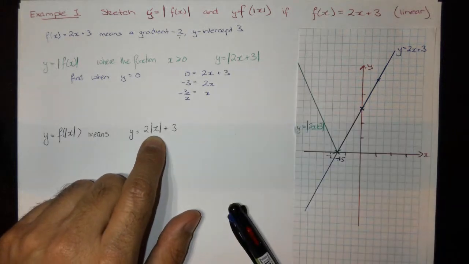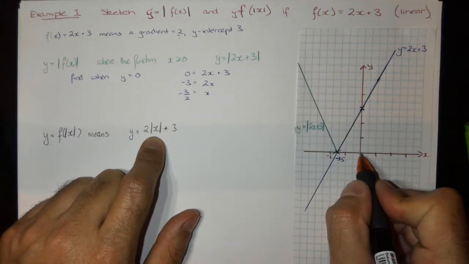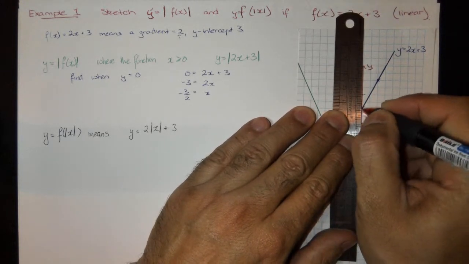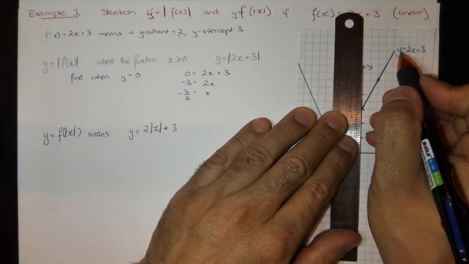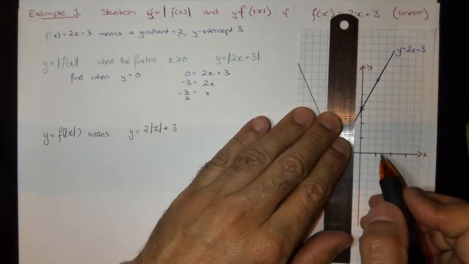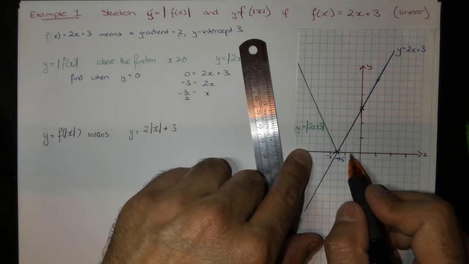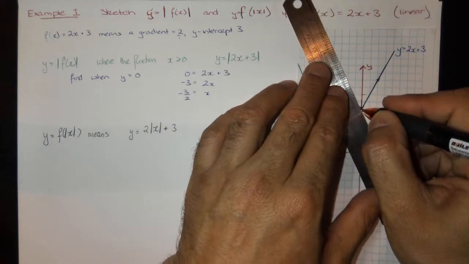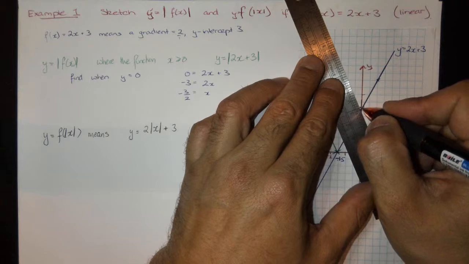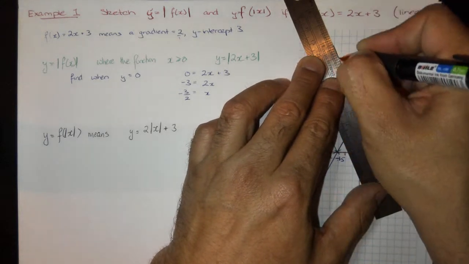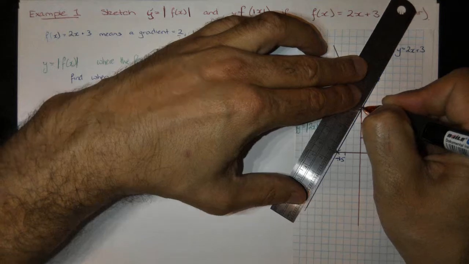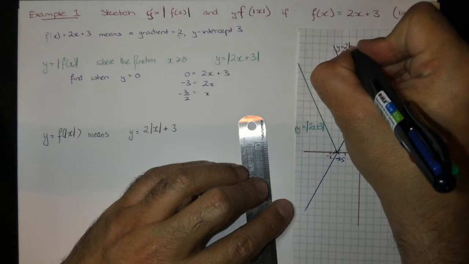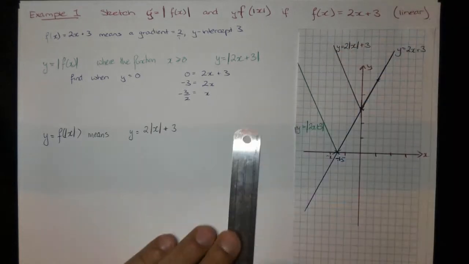What that actually means is that once we've passed the y-axis, we want to mirror whatever we see on the right, because these values should just become positive absolute values. So if I start here, and this part here becomes my y equals 2 absolute x plus 3.